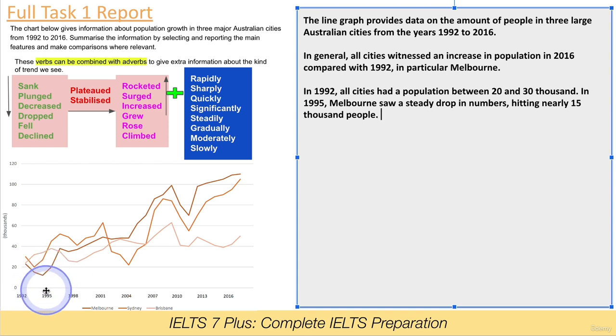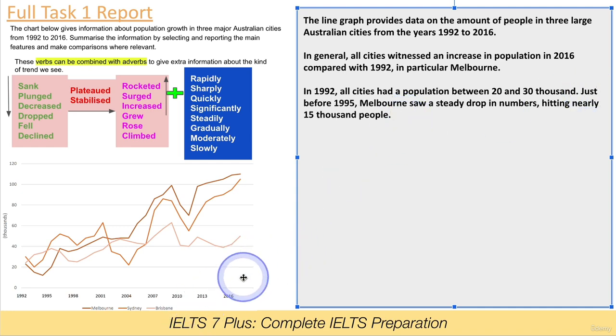Let's have a look. Well, actually, it was just before 1995. Maybe we can say that just before 1995, Melbourne saw a steady drop in numbers, hitting nearly 15,000 people. Okay, so what happened then? We want to talk about the years, maybe anything significant happening in these years. Well, Sydney is rising.